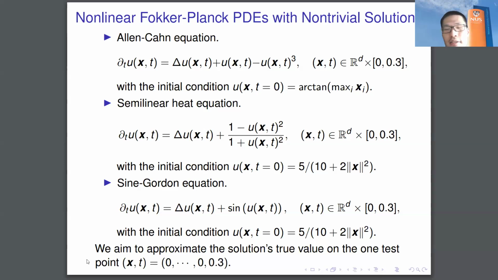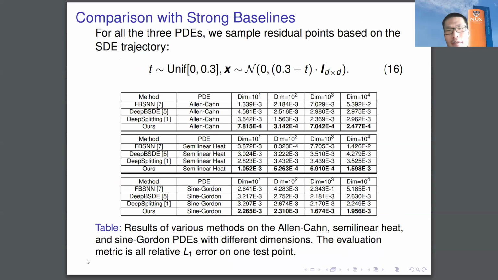This is a classical method, and the previous papers on high-dimensional PDEs can only solve these kinds of problems. Maybe there's a confusion, so I just want to emphasize that the connection between PDE and SDE only affects the choice of residual points.